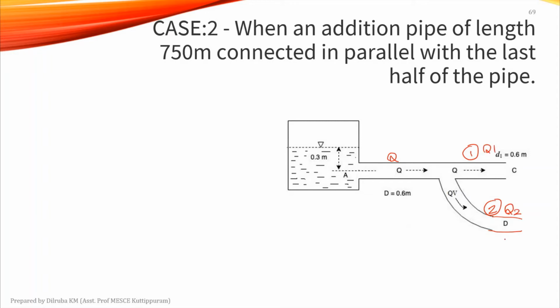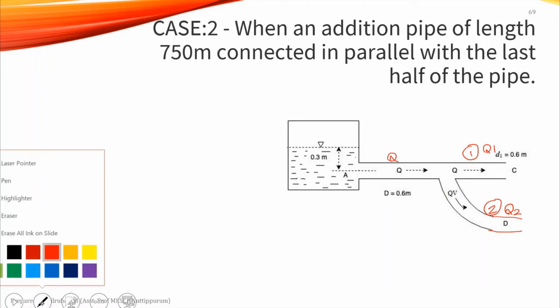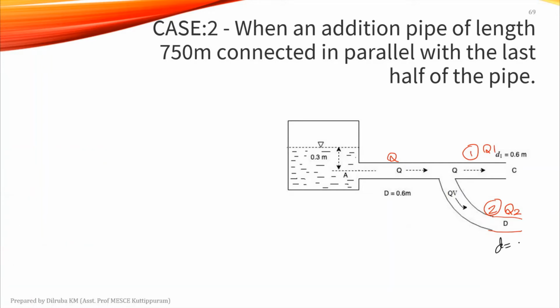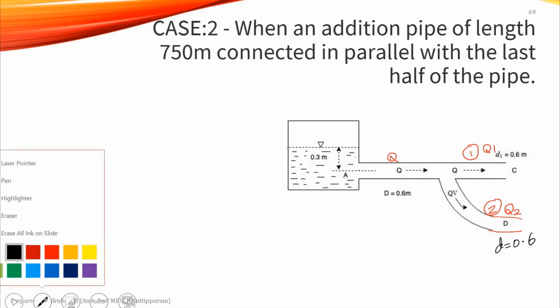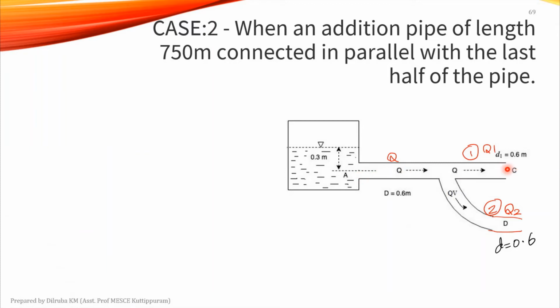And the diameter on both sides is the same, that is D is equal to 0.6. So now we have certain sections, that is initial pipe of length 1500 meter and an additional pipe of length 750 meter from the half portion of the initial pipe.